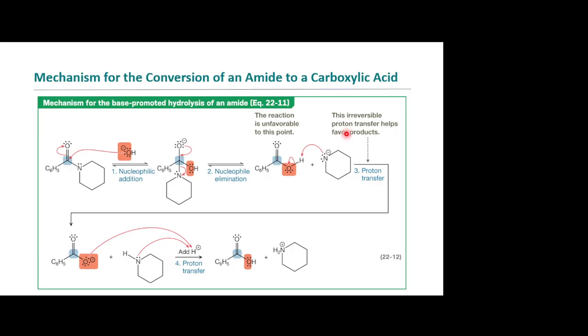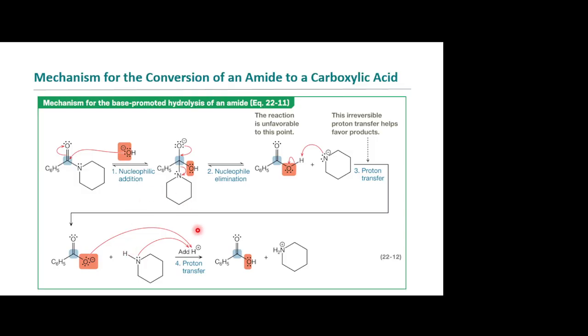A negatively charged amine. And so that's going to give you an irreversible proton transfer. And that's going to give you your carboxylate, which is very stable, and your amine right here, which is still a base, by the way. I know it's the conjugate acid of this, but that's actually still a base. Okay? So at this point you actually have two bases.